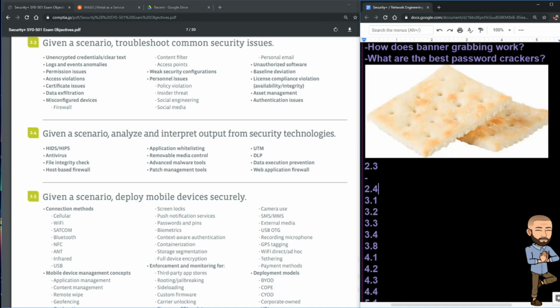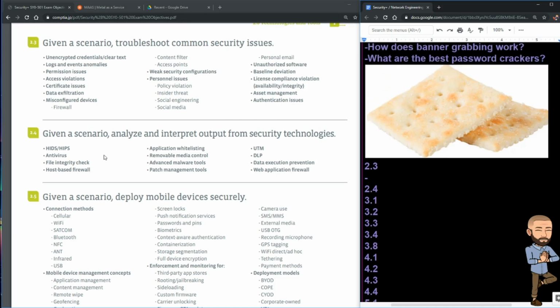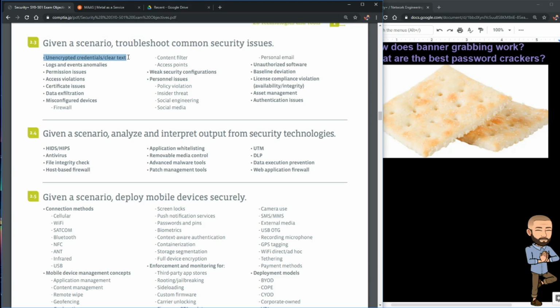Usually I like to put pictures in my videos or pictures in my notes. I make videos based on my notes, so there's our first picture. 2.3. Given a scenario, troubleshoot common security issues. An issue could be unencrypted credentials, clear text stuff. Troubleshoot logs and event anomalies.